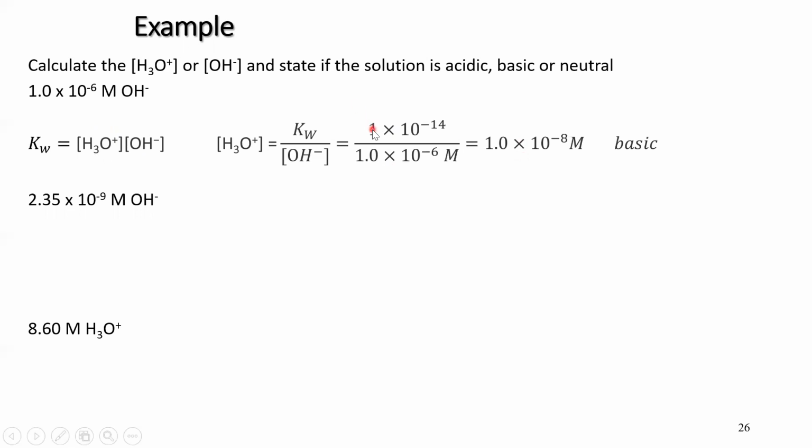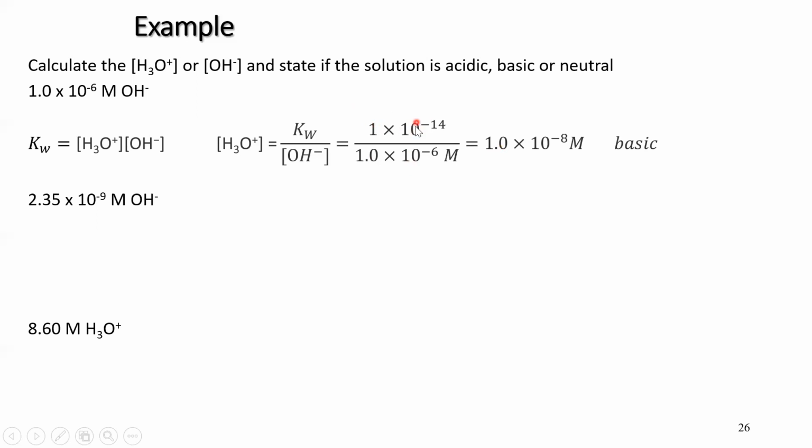Remember, in the calculator, 1 EE negative 14 divided by 1 EE negative 6. And we should get 1.0 times 10 to the minus 8. Now, this one we could actually do without a calculator. 1 divided by 1 is 1.